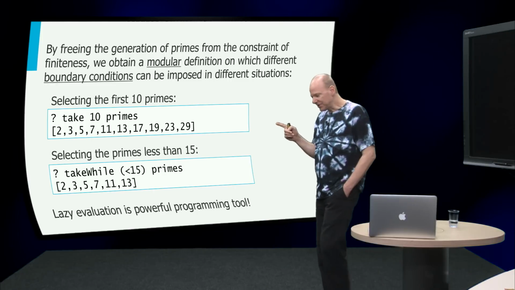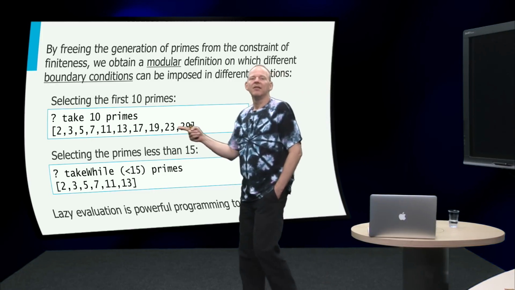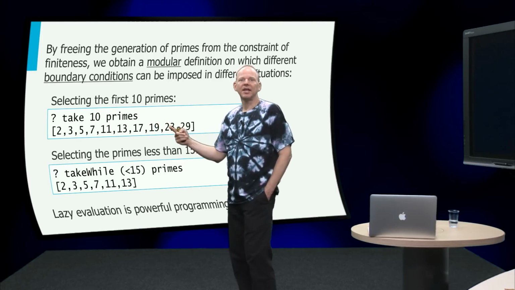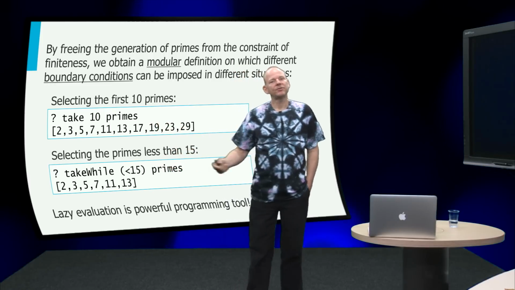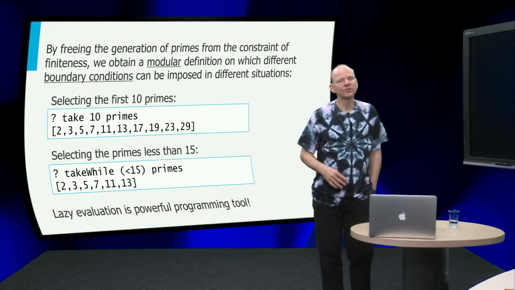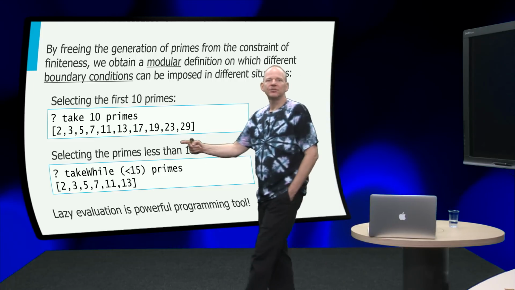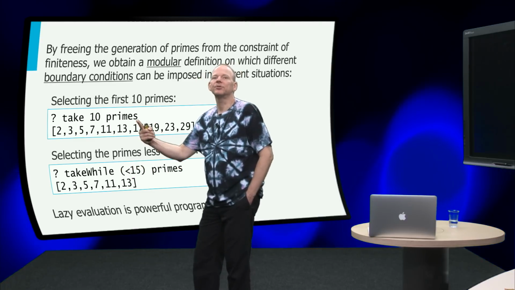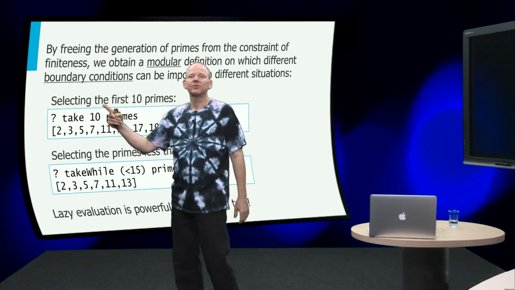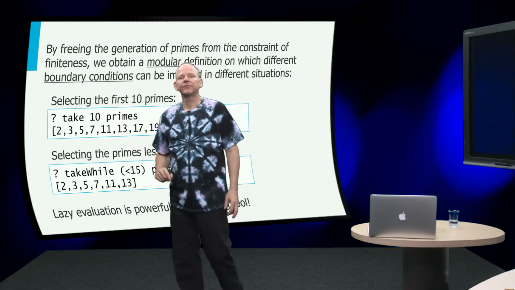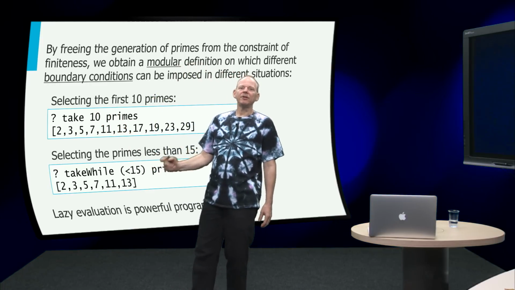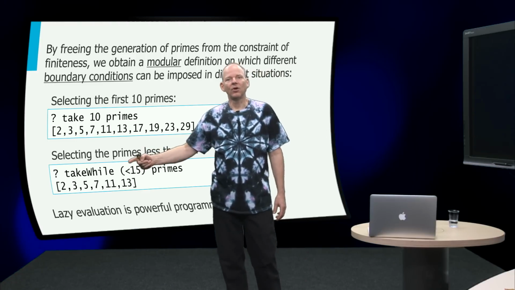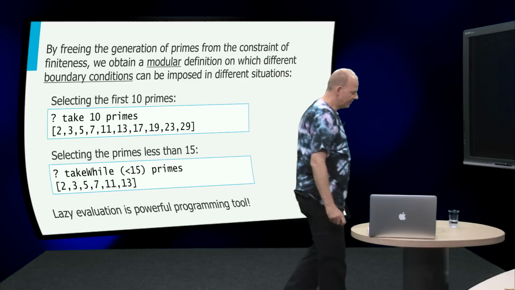Now, imagine that you're in an imperative language, or in a strict language. Now you have to choose whether you want to take the first primes or you want to take primes up to a certain number, because you cannot do this in this modular way. So you cannot first compute the primes or have a promise to compute the primes and then take the first 10, and then use that very same description of computing primes and then take all the ones that are less than 15.